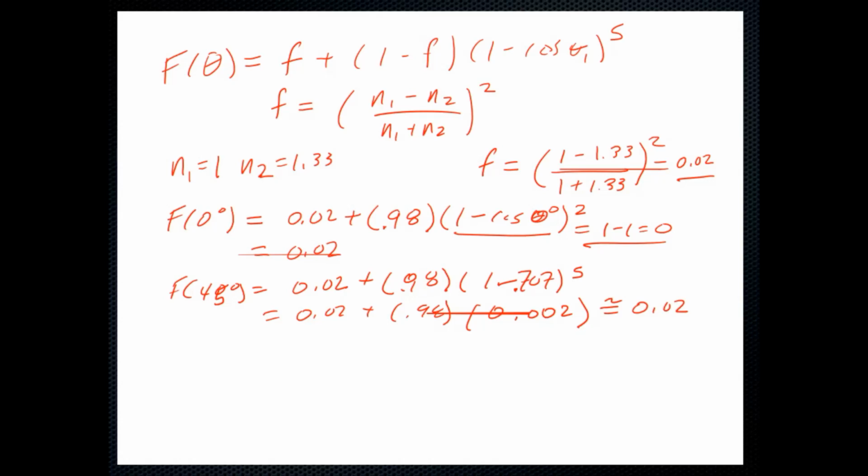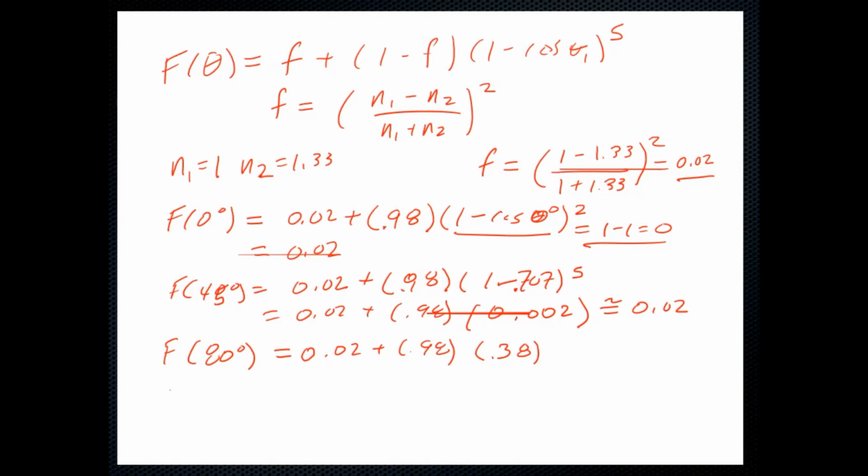Then if we get all the way up to 80 degrees, this term ends up being close to 0.38. So we can see that we're starting to recover some of this, so we're getting to 40% of the light going into reflectance and the rest going down.